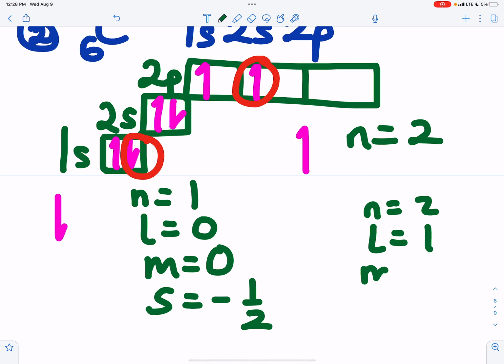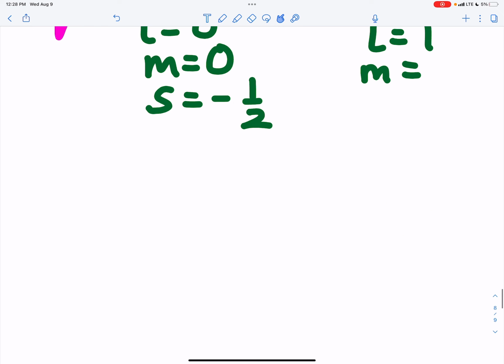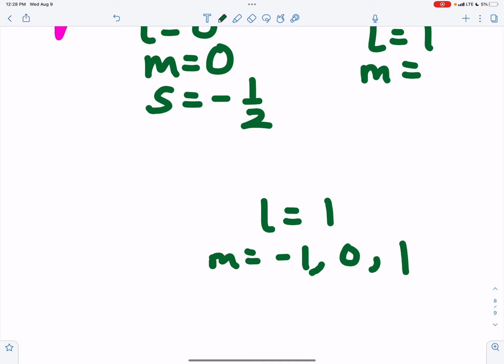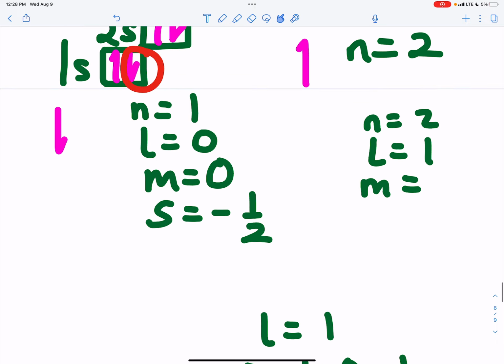Magnetic quantum number. Remember, we said when L is 1, the possible values of M are -1, 0, or 1. This is for 2px, 2py, 2pz. So -1 for this, 0 for this, 1 for this. So take note of that. But check your electron. Where is your electron located?